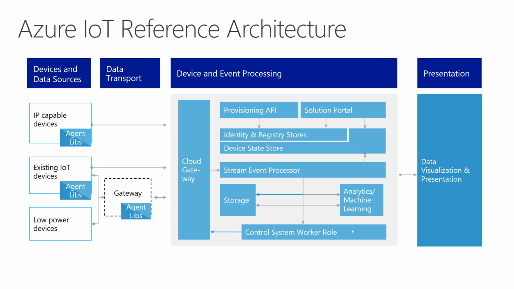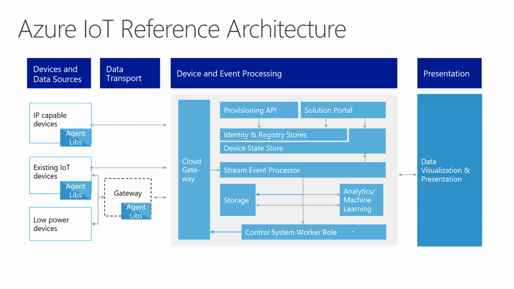Even if it's a firmware thing or a setting related to a device, how do I make sure the state that the device knows and the state that I know in the cloud about the same physical device is the same, is synchronized? How do I make sure that a state change about a particular device is something I can do in the cloud, even if the device is not connected to the internet, right?